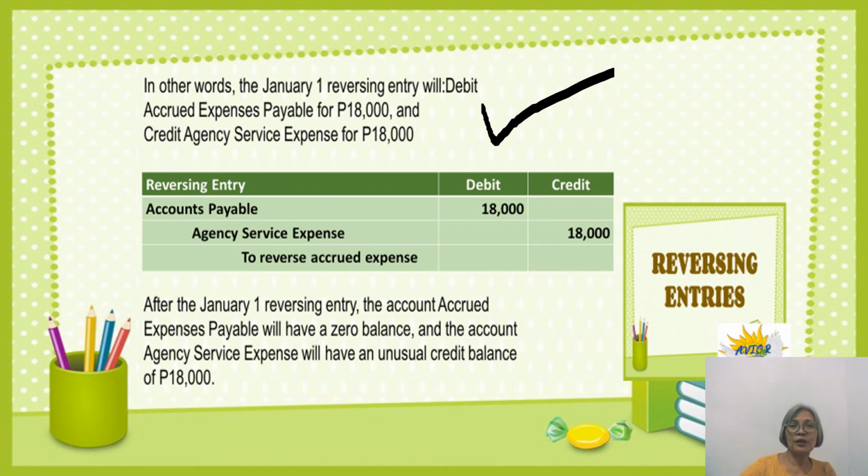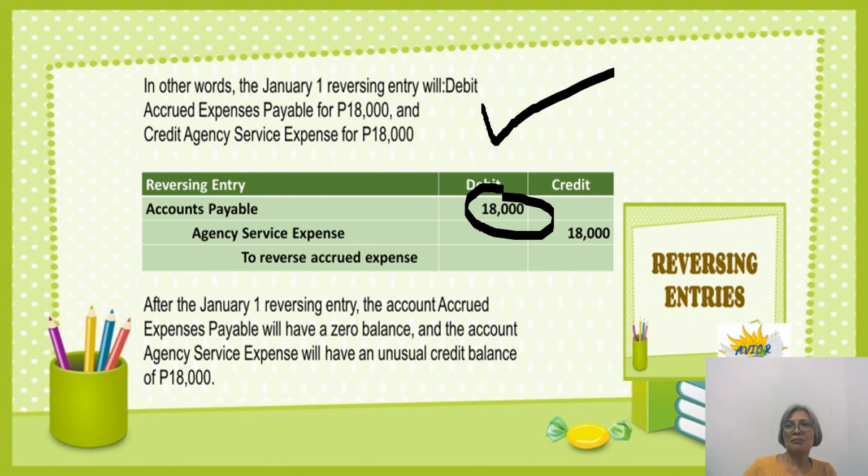transaction. Pero ito, itong 18,000 na to, part na to ng income summary for the last period. Naging bahagi na siya ng income statement. Na-recognize na siya as expense on December prior year. Ngayon, ang i-record mo na lang kasi ngayon ay ang payment.